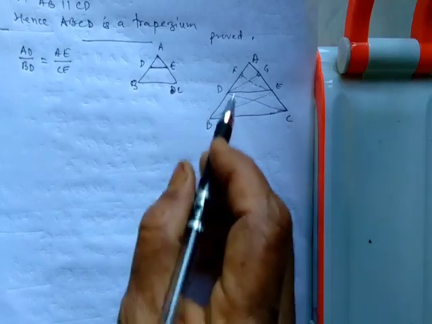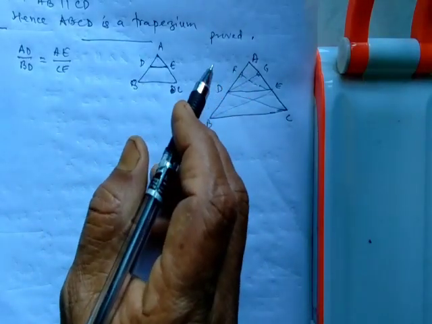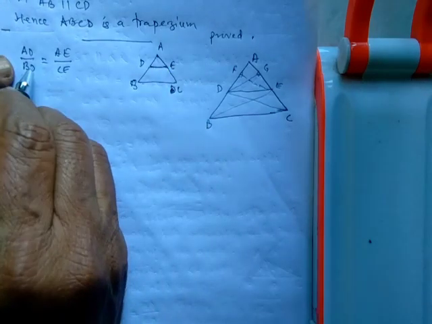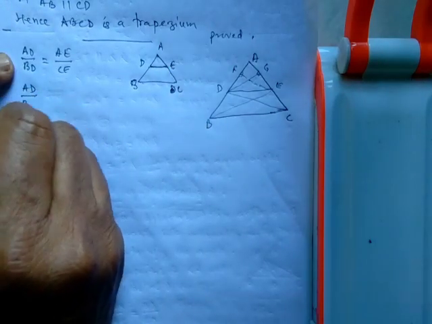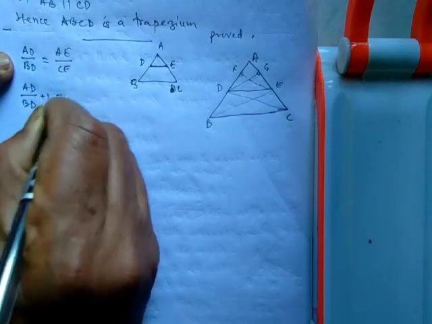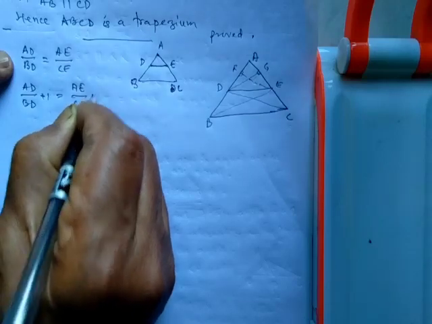Now, if I add 1 to both sides, AD by BD plus 1 is equal to AE by CE plus 1.